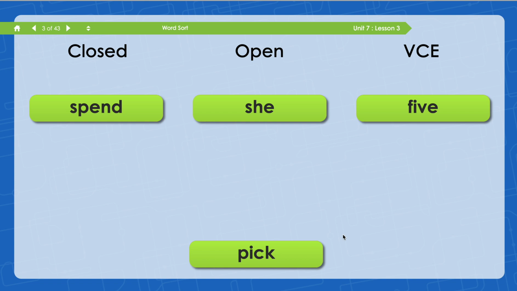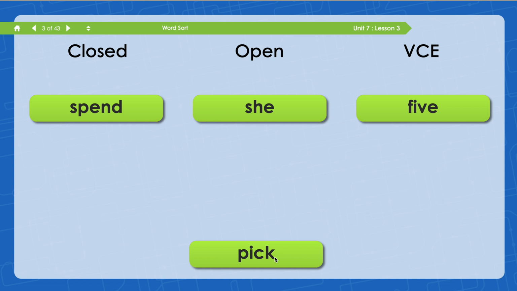Pick. I've got 3 fingers up when I finger stretch it because that CK is a digraph and it makes one sound. Pick. So now let's take a look. Let me locate my vowel letters. My vowel is I. Now I'm going to look before and after it. Mostly after it, I see there are two consonants after. So there's no way it can be an open syllable because I've got consonants after, right?